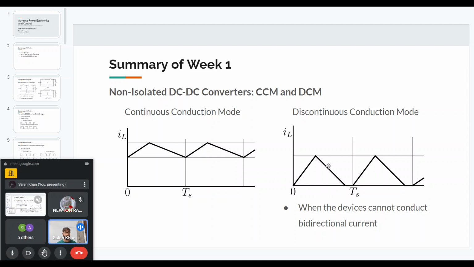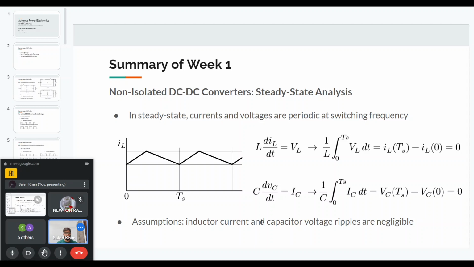If we had a bidirectional switch instead of a diode, the current would have continued in the negative direction. In that case, we will not have DCM, we will have CCM continuously, even though the current is negative. Sorry, CCM.